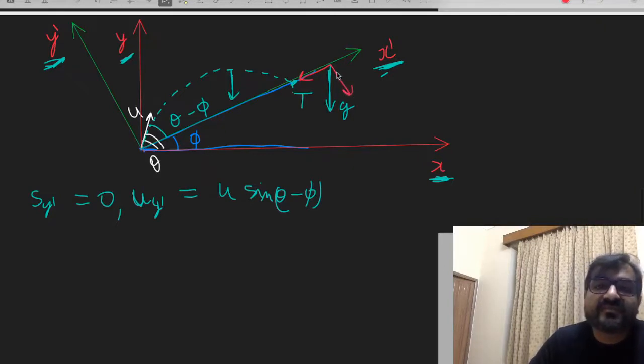So if this angle is phi, this is 90 minus phi and this is phi. Just check it. This is phi, this is 90 degrees. So this is 90 minus phi and this becomes phi. So the component of g along y dash is minus g cos phi.